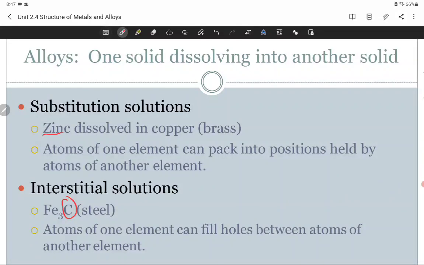But if you melt some zinc and you melt some copper, and you let them become liquids, you allow them to mix together, and then when they solidify, go back to a solid, those atoms mix together and become brass.